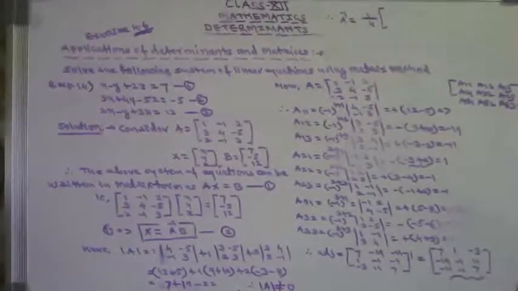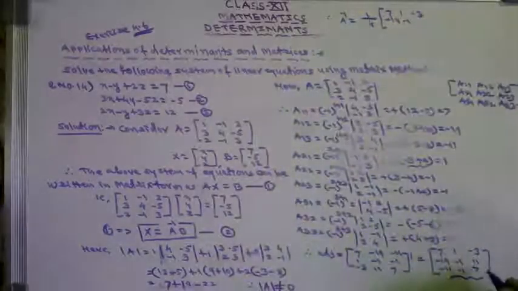This is the adjoint. So A inverse equals 7, 1, minus 3, minus 19, minus 1 and 11, then minus 11, minus 1 and 7. Directly we can write X equals, this is your A inverse.